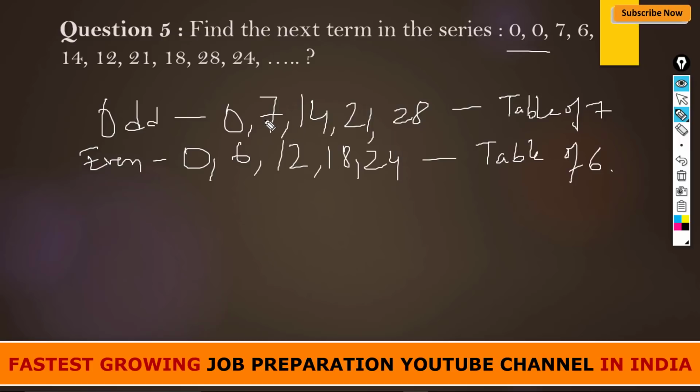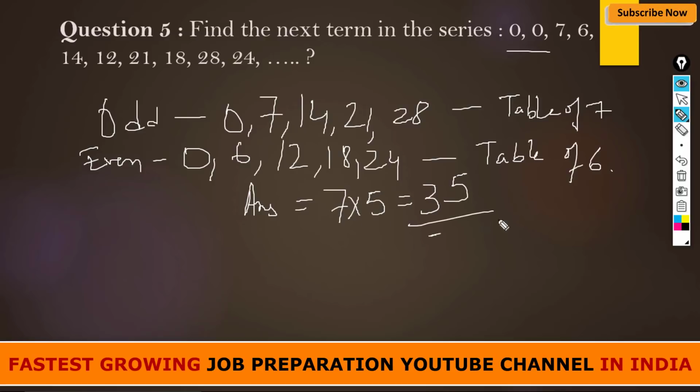So here my answer is 35, 7 into 5, and for 6, the next number will be 30, 6 into 5 equal to 30. So you can see the logic was very simple, only your observation mattered.